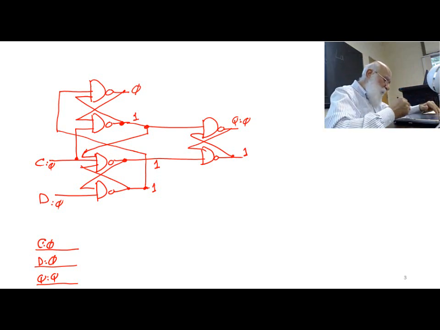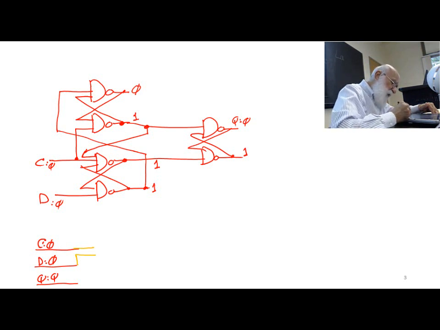Okay, so I'm going to make my first change, and that is going to make my D from 0 to 1.